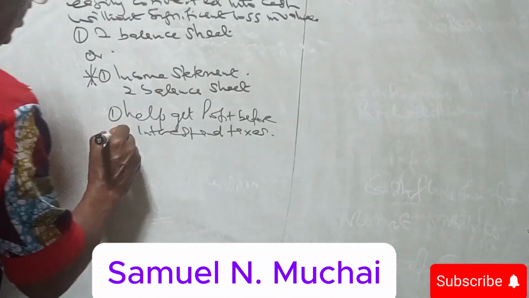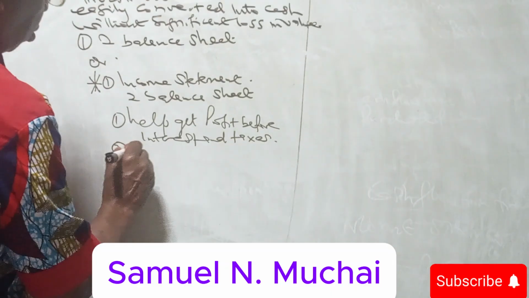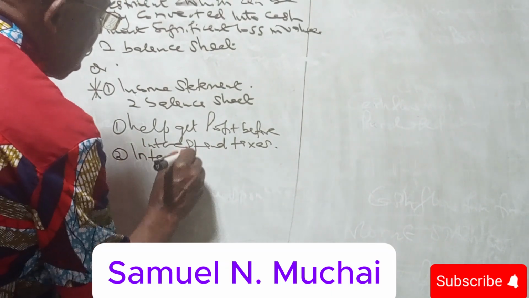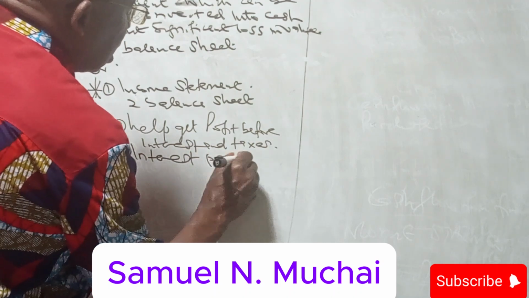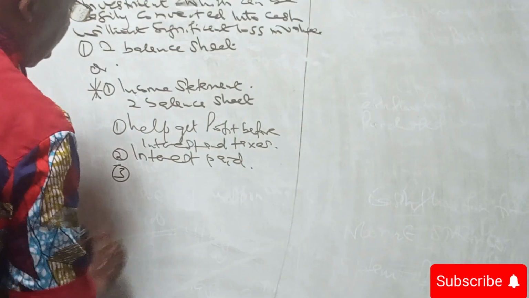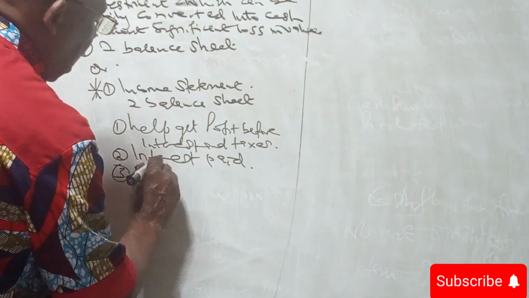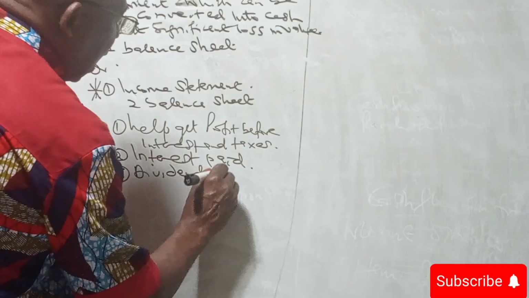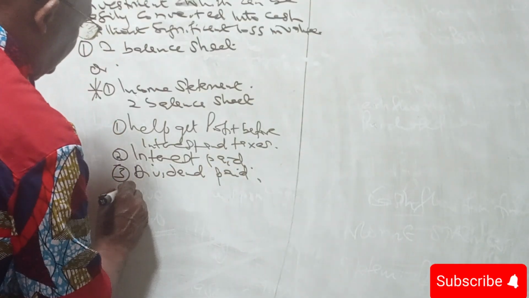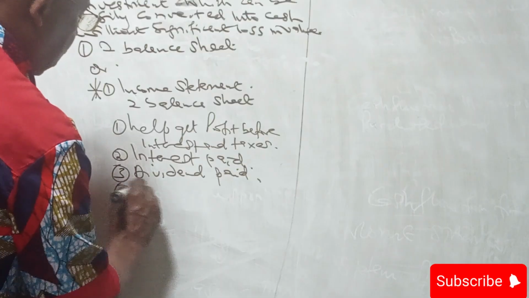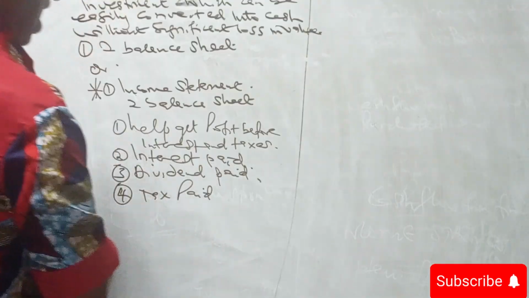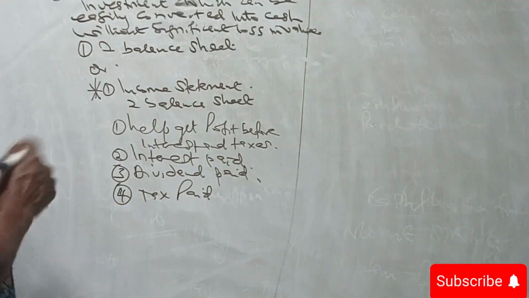Number two, it may be helping you to compute interest expense, interest paid against interest incurred, dividends paid against dividends incurred, and tax paid against tax incurred.